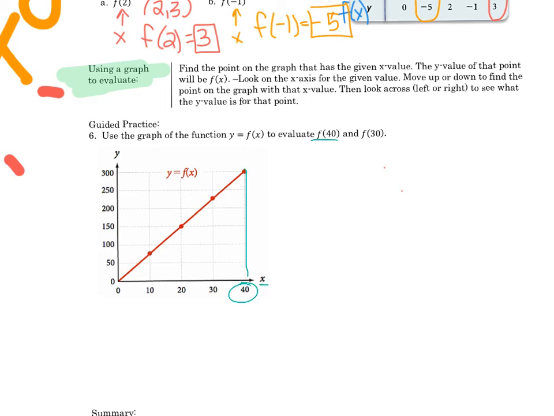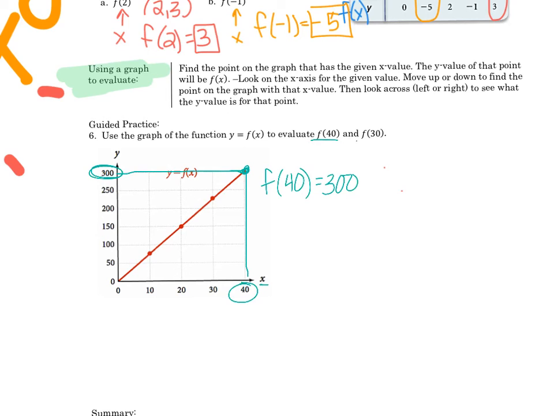That point right there has an x value of 40. To find the y value, now I'm going to go this way. The y value is 300. So f of 40 is 300.